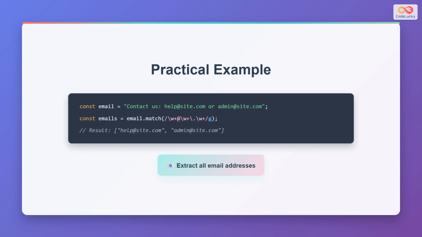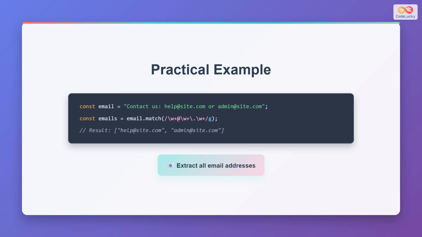Let's look at a practical example of how the global flag can be used. First, we declare a constant variable named email and assign it a string containing 2 email addresses. Then we declare another variable named emails. We use the match method to extract all email addresses from the string using a regular expression that looks for a pattern of characters followed by an @ symbol, followed by more characters, a dot, and then more characters.